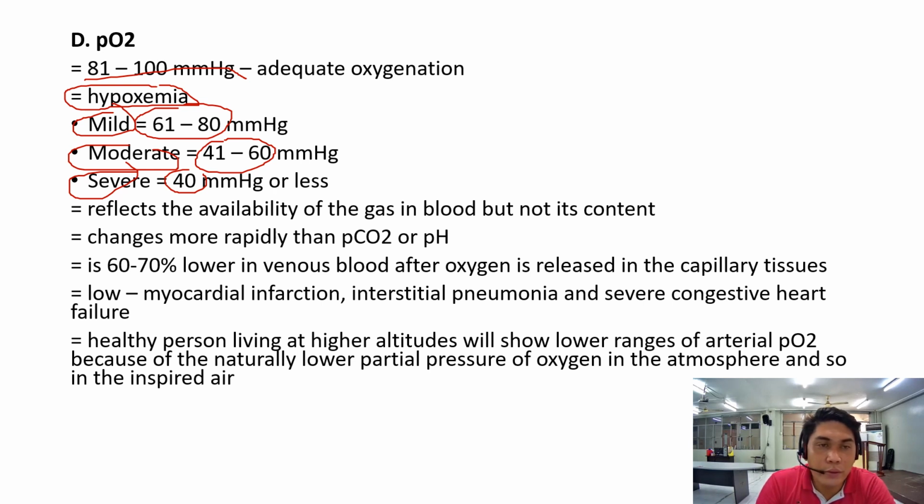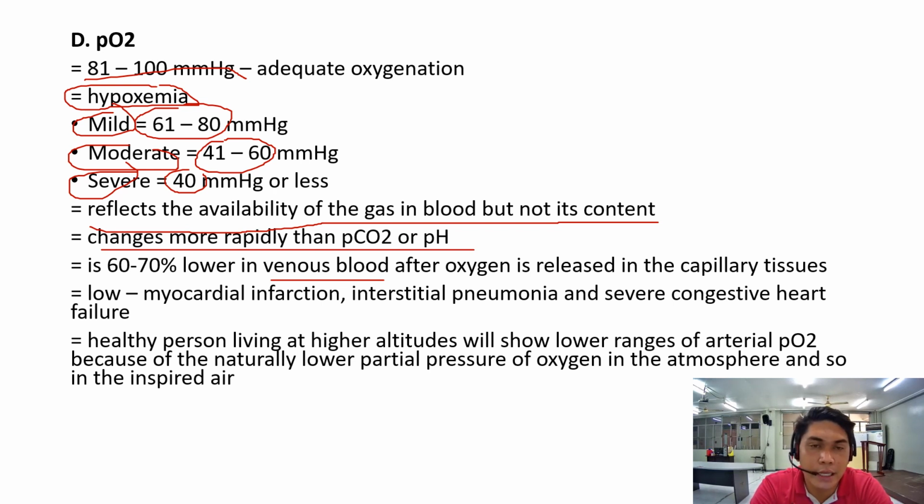So PO2 reflects the availability of the gas in blood, but not its content or the true concentration of oxygen. It changes more rapidly than PCO2 or pH. If we compare venous blood and arterial blood, venous blood has 60 to 70% lower oxygen compared to arterial blood, because arterial blood is oxygenated and venous blood is deoxygenated.